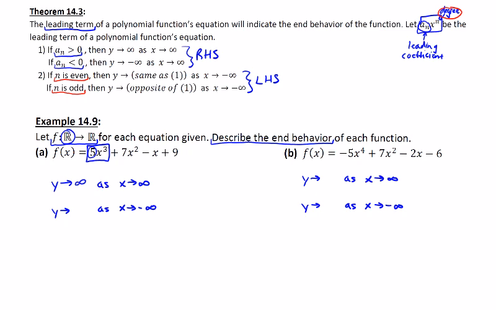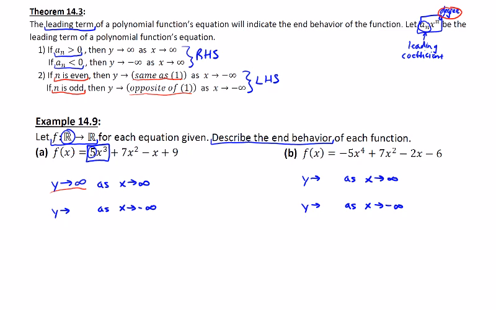So if the degree of your polynomial is even, then that means that y is going to approach the exact same thing as statement number 1. If your degree is odd, then y is going to approach the opposite of statement number 1. So going back to part A. In part A, we have that y is approaching infinity for the right-hand side, for statement number 1.